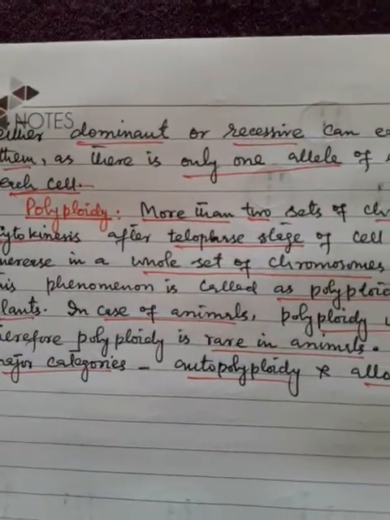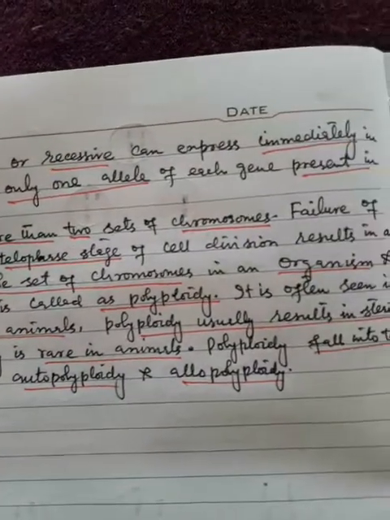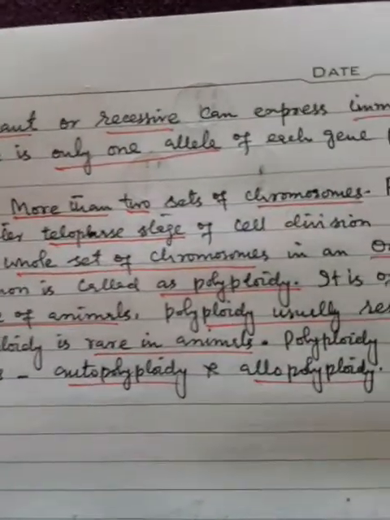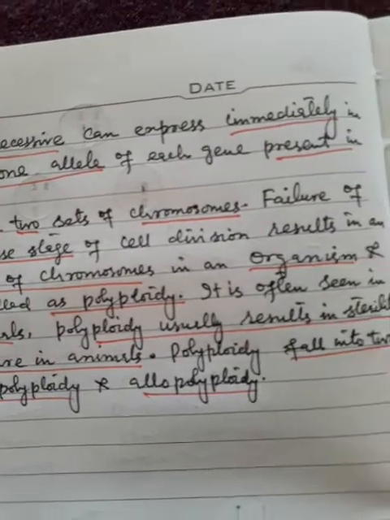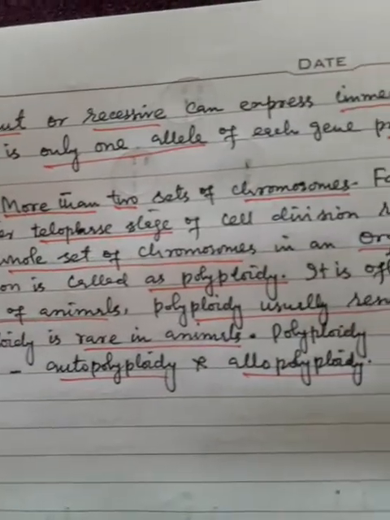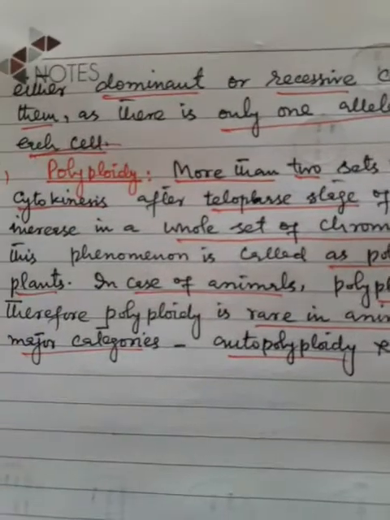Failure of cytokinesis after telophase stage of cell division results in an increase in a whole set of chromosomes in an organism, and this phenomenon is called polyploidy. It is often seen in plants.